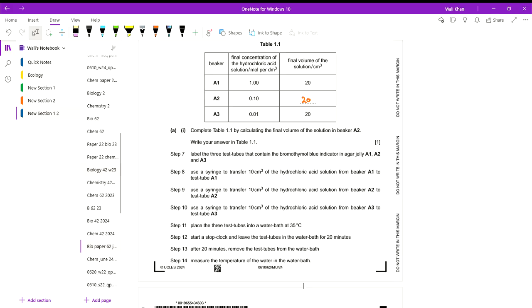Next. Label the 3 test tubes that contain the bromothymol blue indicator in agar jelly A1, A2 and A3.